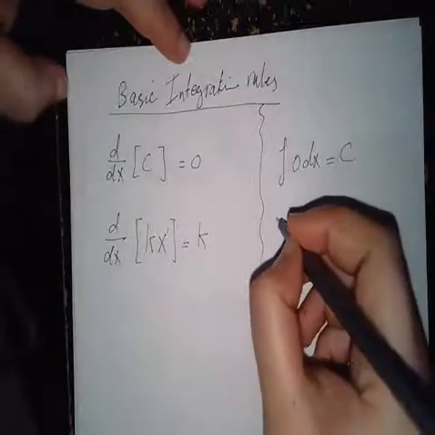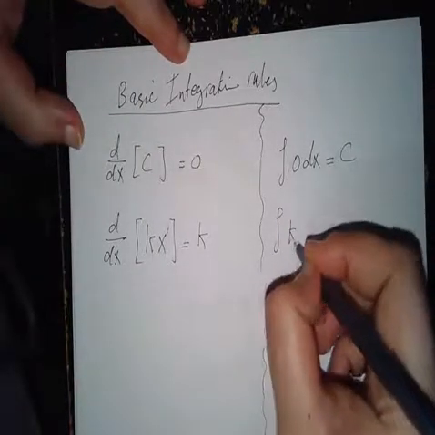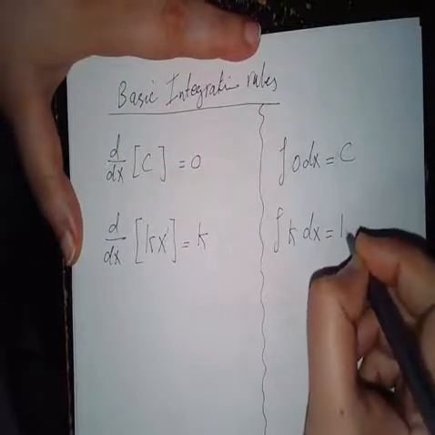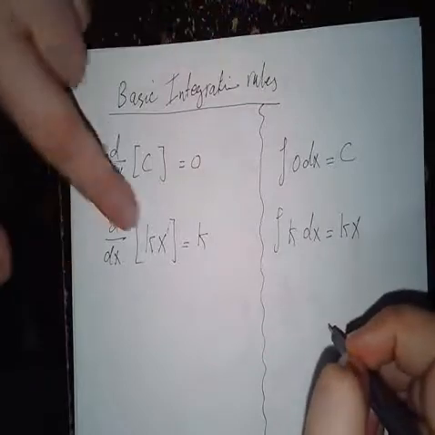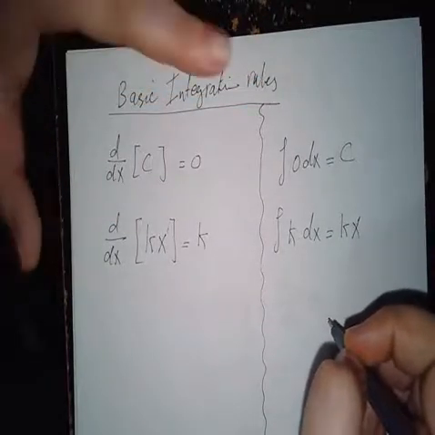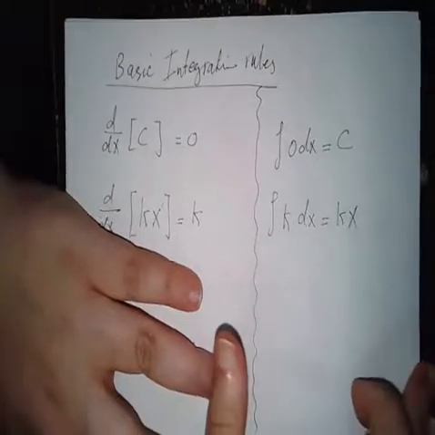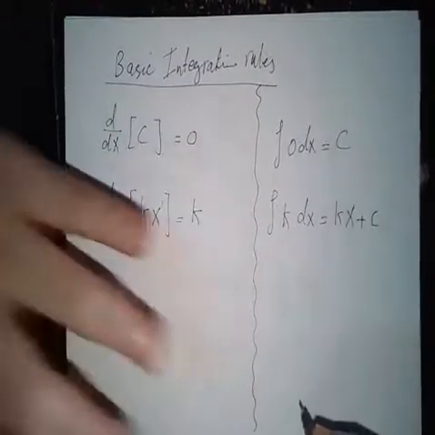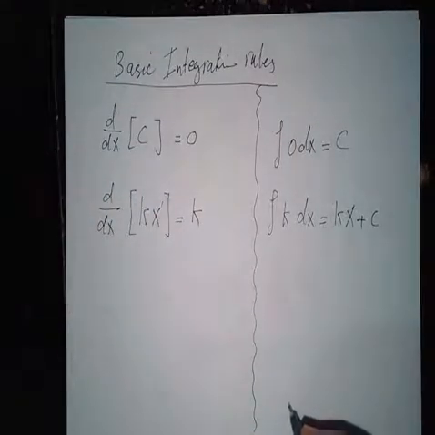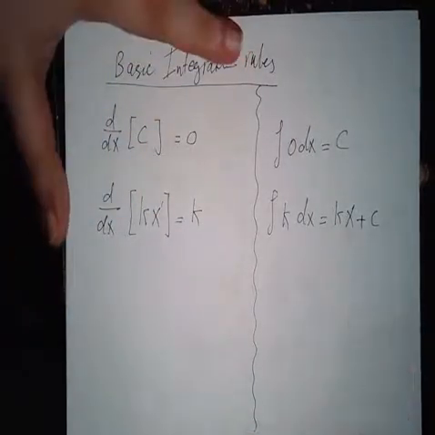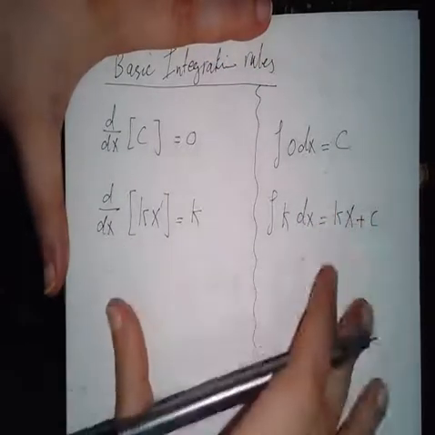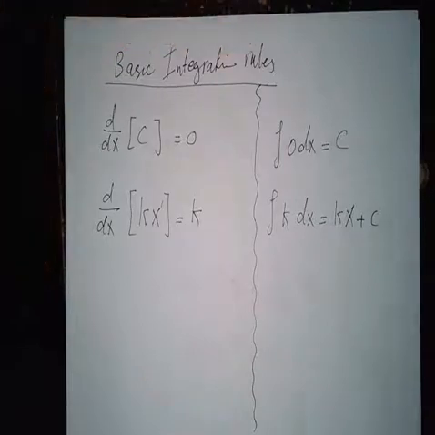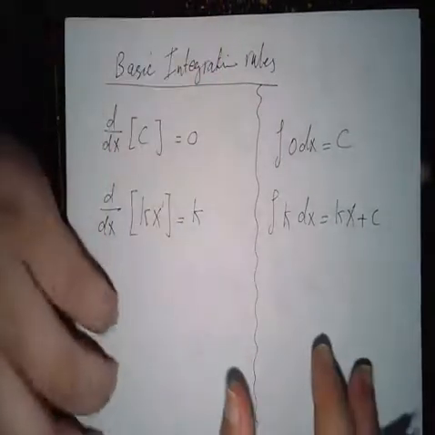So over here, when you take the integral of k, dx is going to equal k times x, what we started with. But because of theorem 4.1 and the fact that you're never sure if there was actually a number or not, you're always going to add plus c. Okay? So, kx plus c. So these are going to be kind of like your guidelines to find your antiderivatives quicker instead of trying to guess it out.